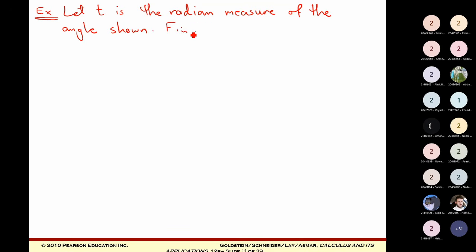Find, this is the right triangle, and this is the angle T, and we have 3 and 2, hypotenuse 3 and opposite 2. So we need to find number 1, the sine of T, number 2, the cosine of T, number 3, the tan of T.